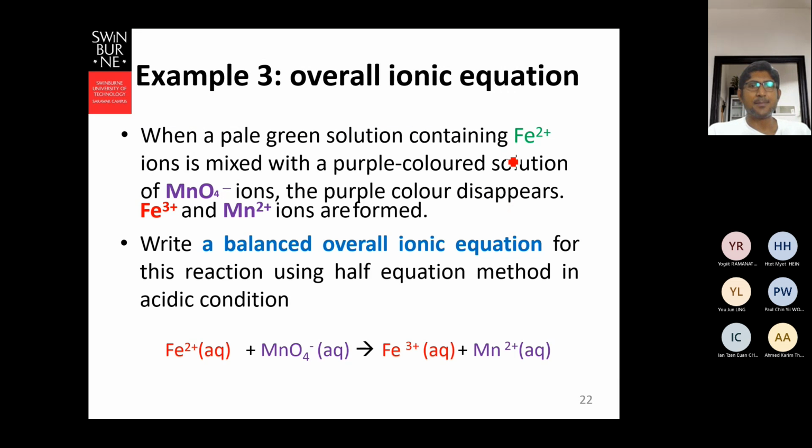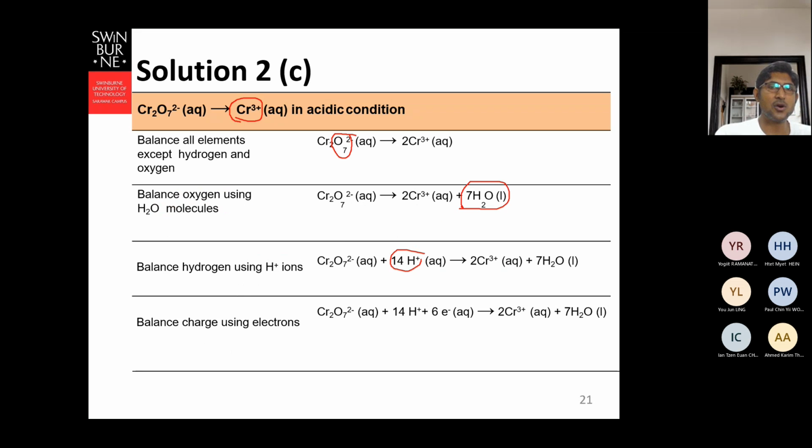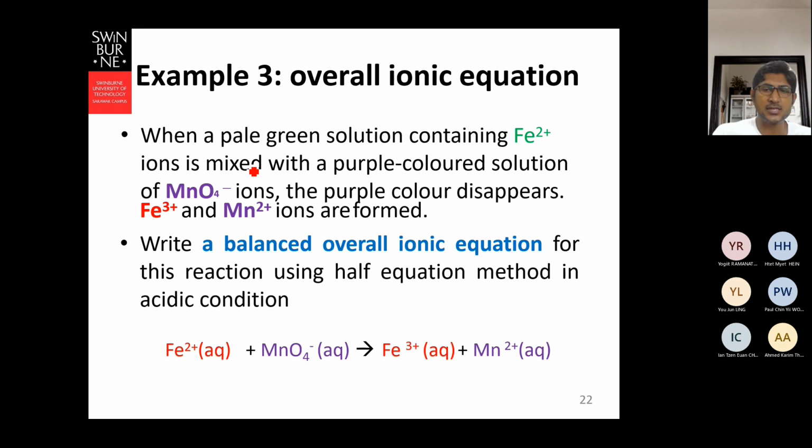Okay, so example 3, overall ionic equations. Now, when we say overall, it asked you to balance the half reactions, right? But for the overall ionic reaction, when I balance, of course I have to consider the atoms, then hydrogen, oxygen, and again the electrons, where they are coming from.